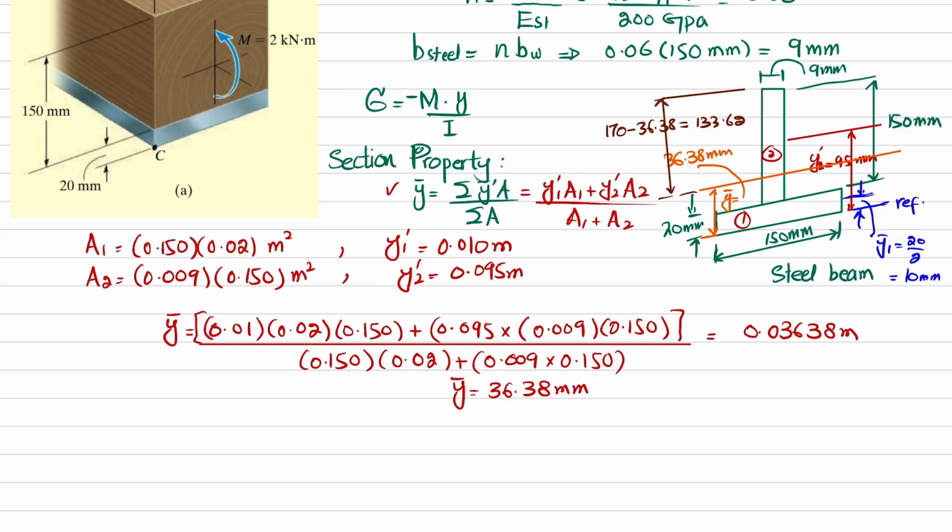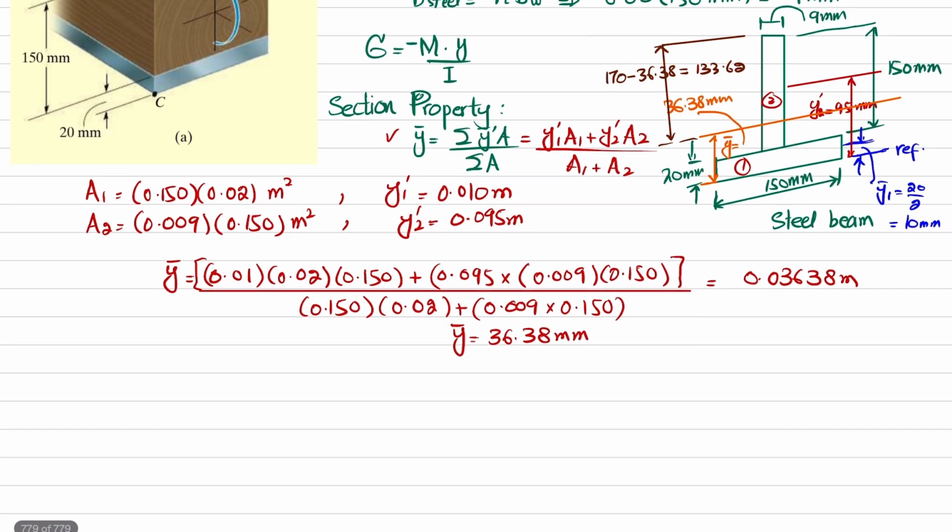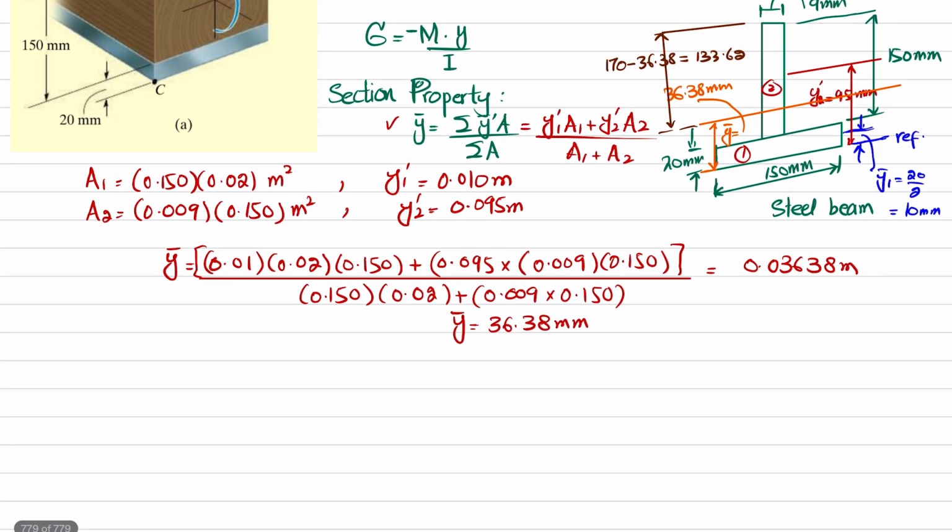Okay, so what we will do, we will now find the moment of inertia I, and we know that by using the parallel axis theorem, I will be equal to the sum of I dash plus A D square. So if I expand it, what does it mean? That I1 dash plus A1 D1 square plus I2 dash plus A2 D2 square.